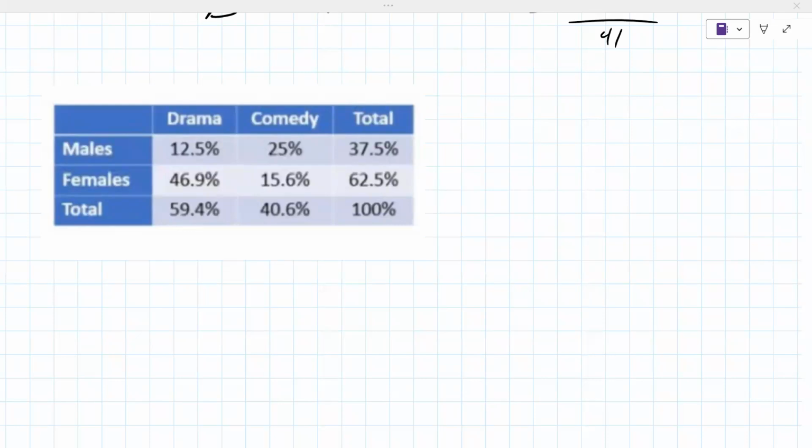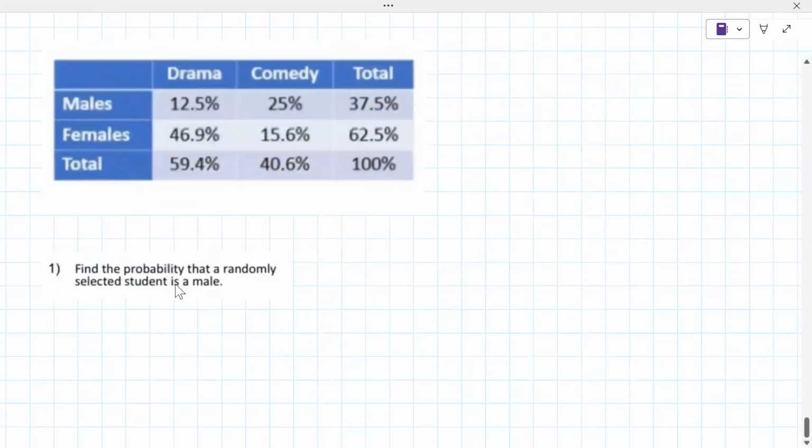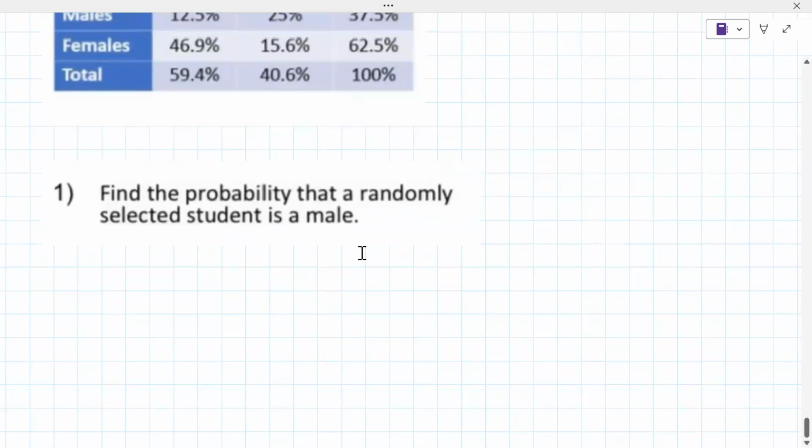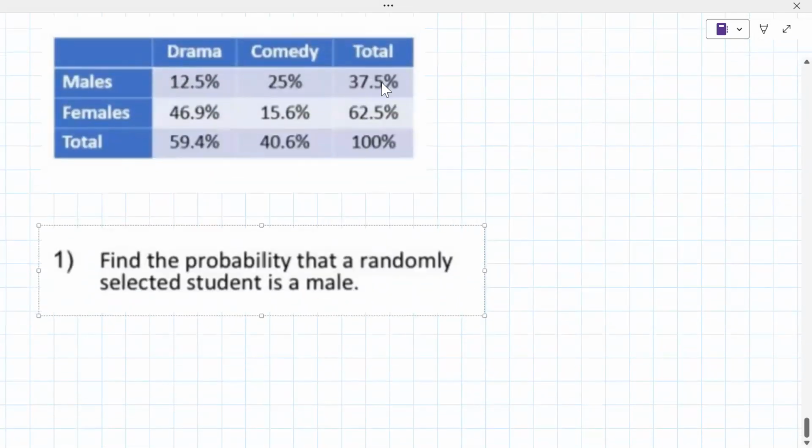Find the probability that a randomly selected student is male. So notice that there are no counts this time, just percentages. So it already gives me the total, so I don't need to add them up? That's right.